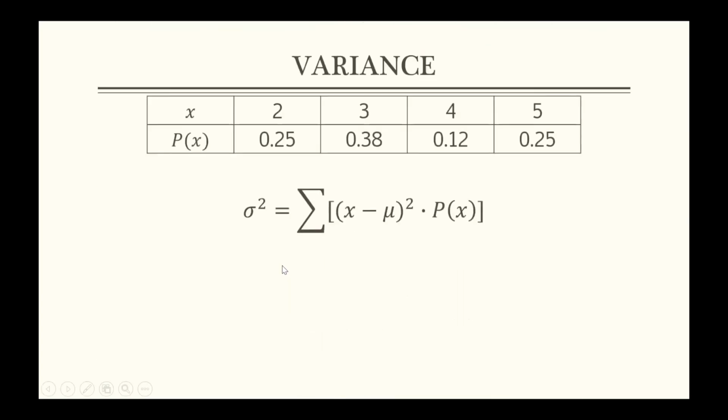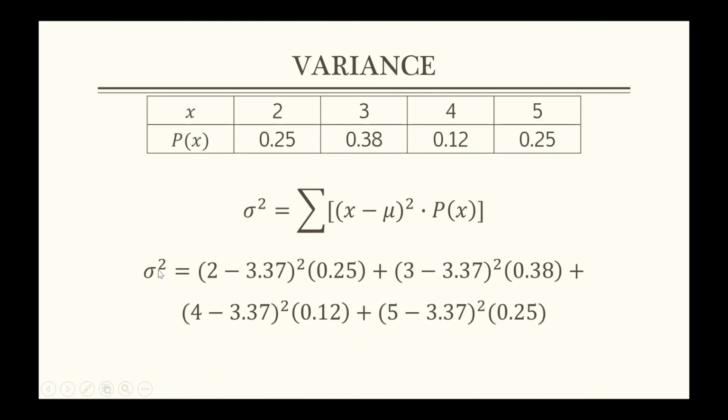For the variance, applying the formula, you can have here sigma squared is equal to the square of the difference of 2 minus 3.37 times its probability, which is 0.25, plus 3 minus 3.37 squared times 0.38, till 5 minus 3.37 squared times 0.25.